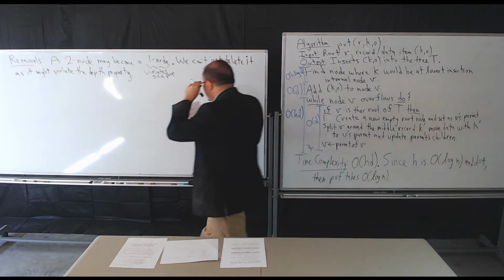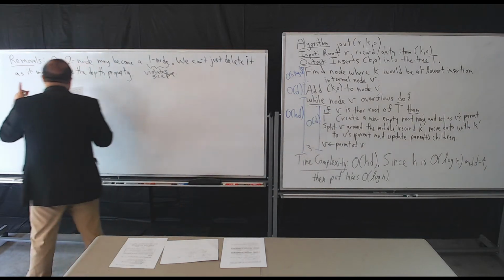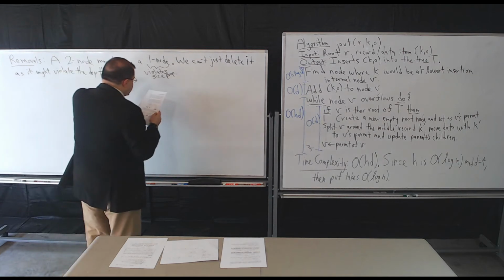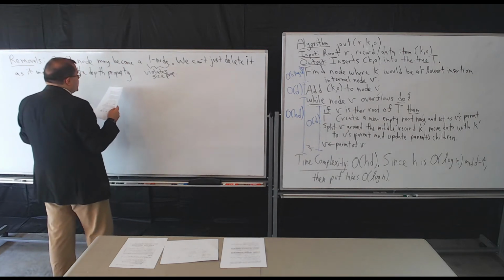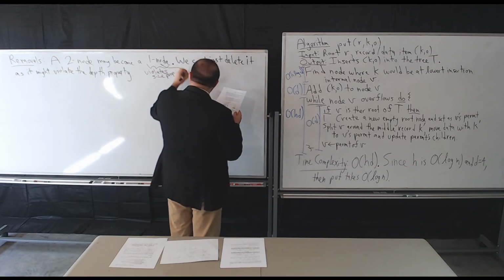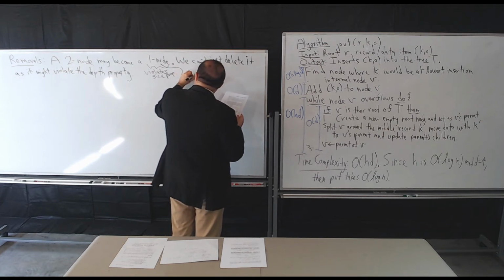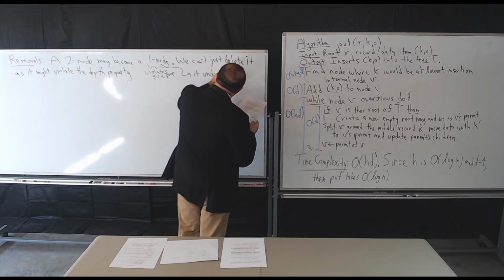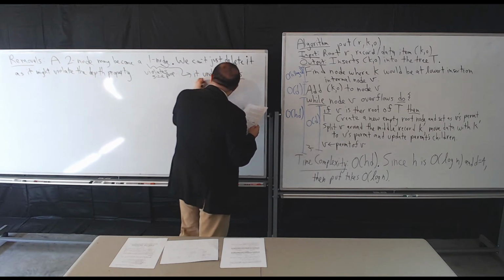Okay. So we're going to have a special name for these 1 nodes. A 1 node is said to underflow.